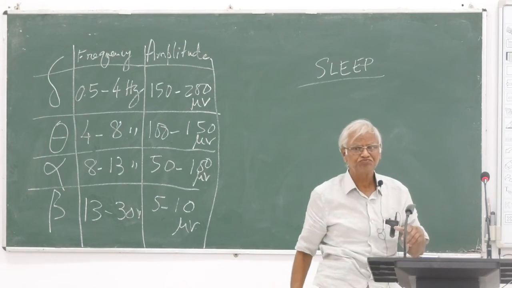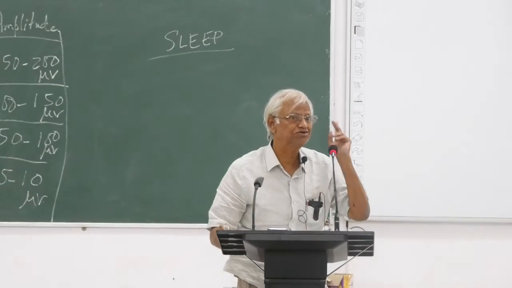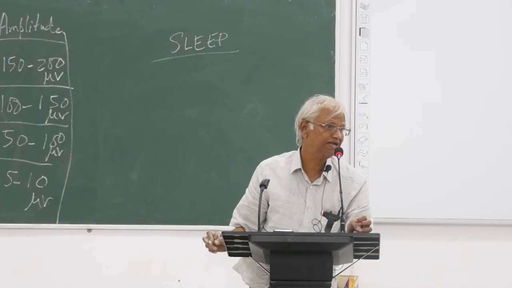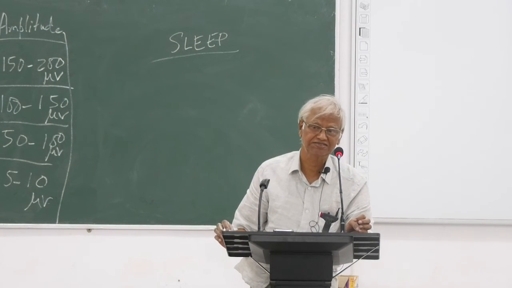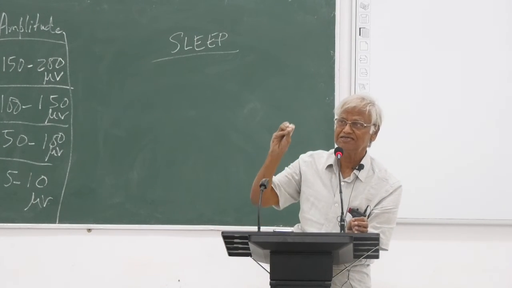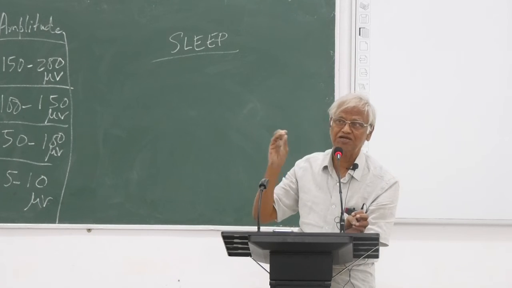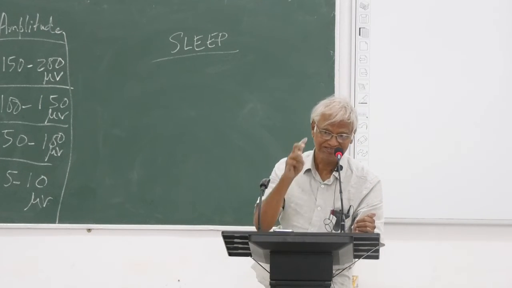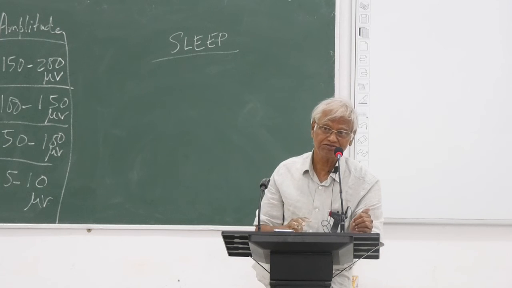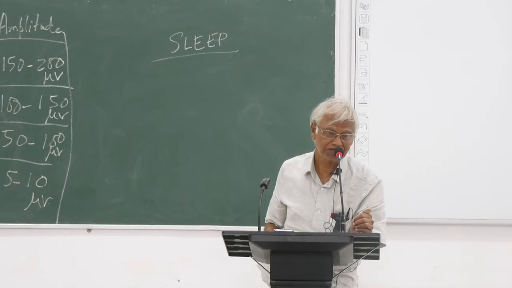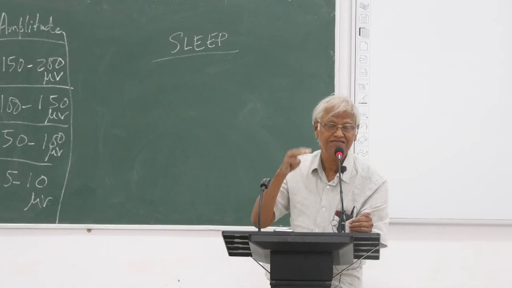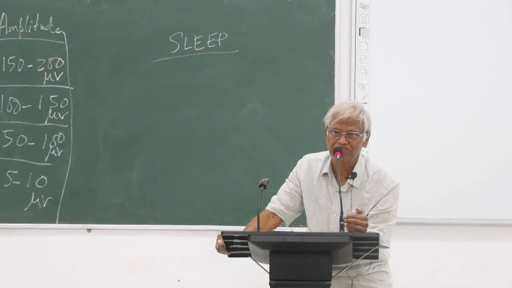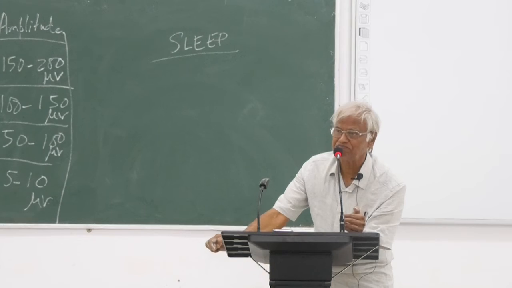As I told you in my initial lectures on neurophysiology, we had a talk on the reticular activating system, RAS. There are some nuclei, that means clusters of nerve cells, throughout the brain stem. In the midbrain, in the pons, in the medulla oblongata. These three together constitute the brain stem.